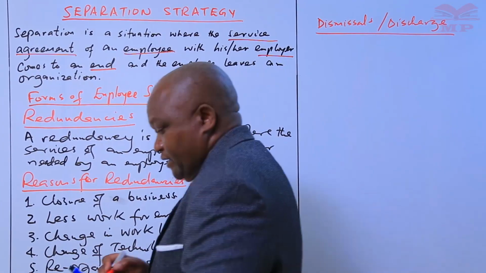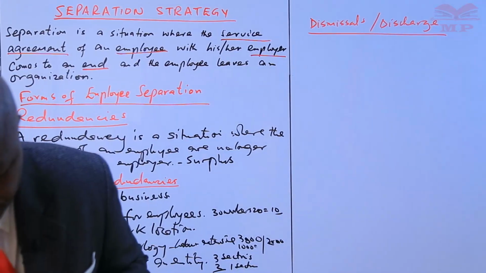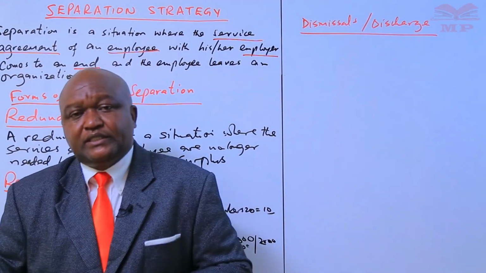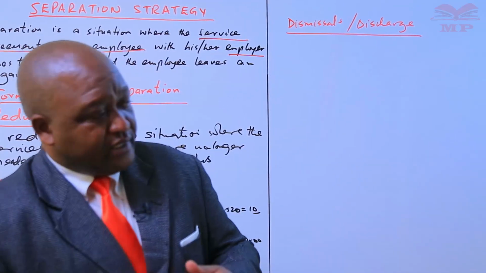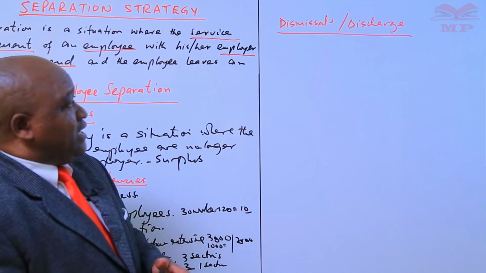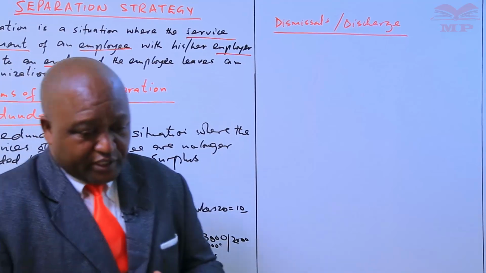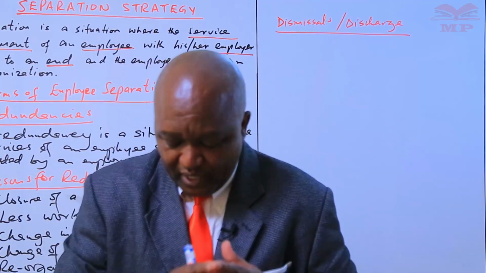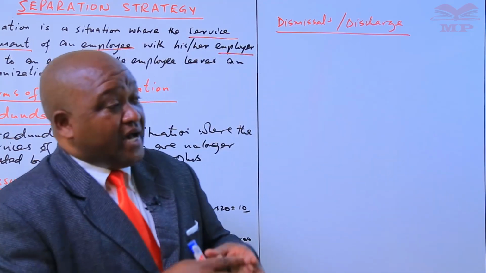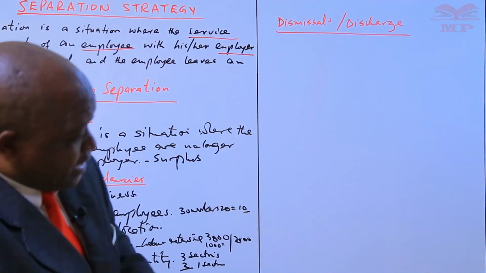Separation, dear learner, can also occur through a dismissal process, and a dismissal process is normally initiated by the employer. When an employee is said to be dismissed, this is the termination of the services of an employee as a punitive measure.